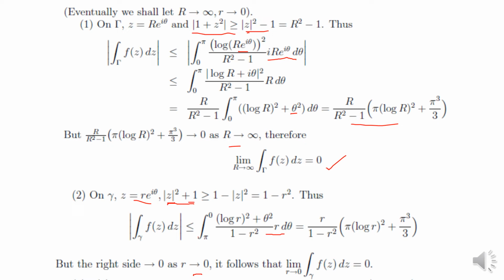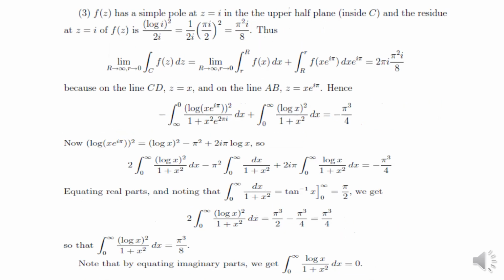So this becomes r upon 1 minus r square times pi (log r) whole square plus pi cube by 3, and when r tends to 0 from the right side, this becomes 0. In the other one r was tending to infinity. We have seen that f(z) has, so both are 0.